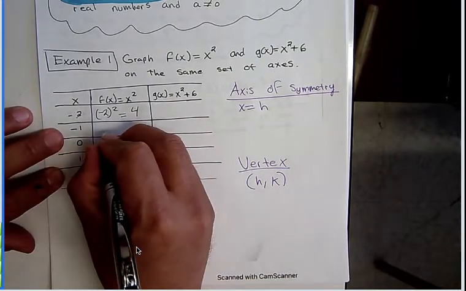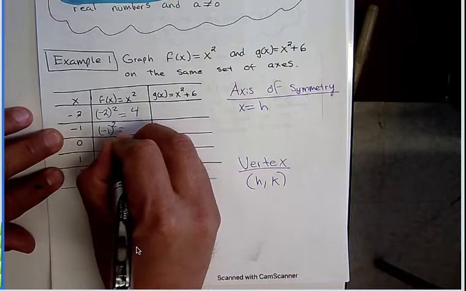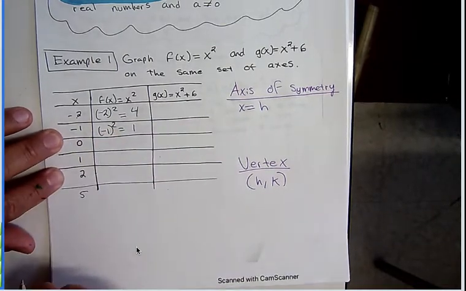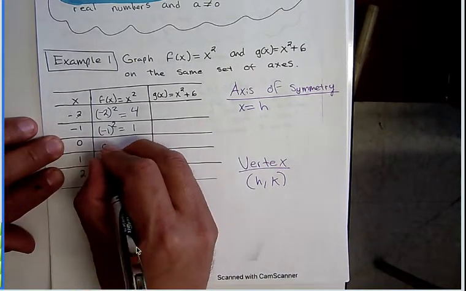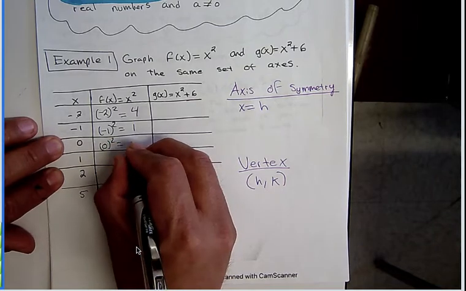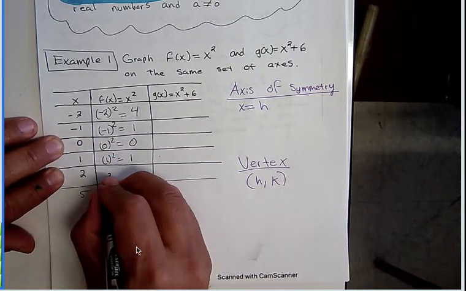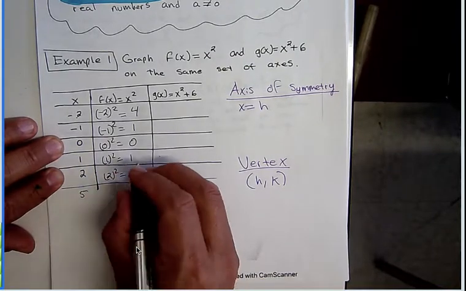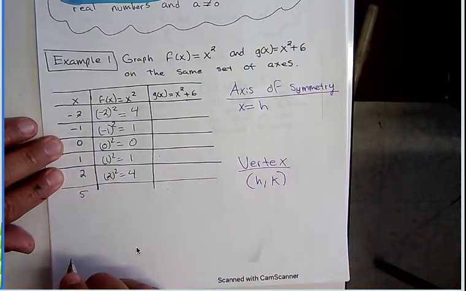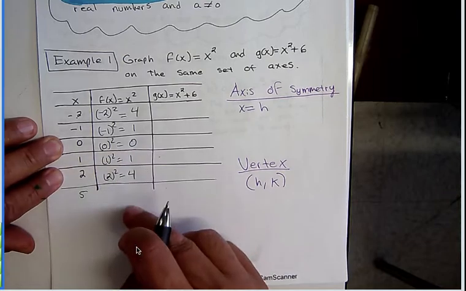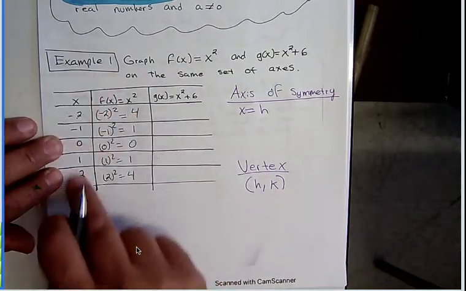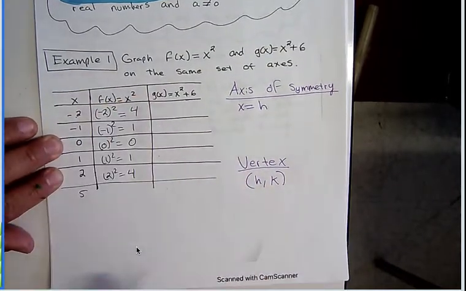Then -1 squared gives 1, 0 squared gives 0, 1 squared gives 1 again, and 2 squared gives 4. These answers are the y values when you substitute the x into that function.